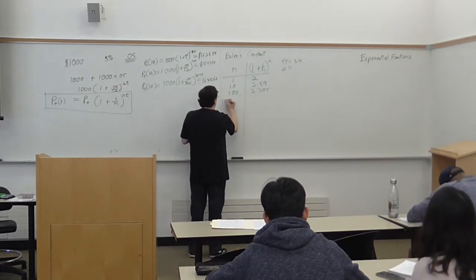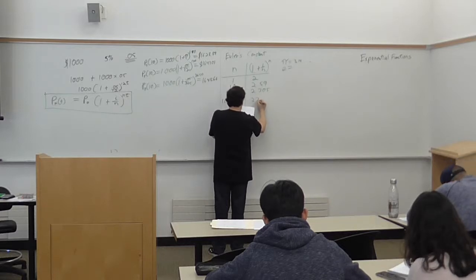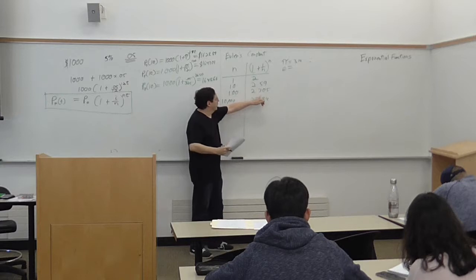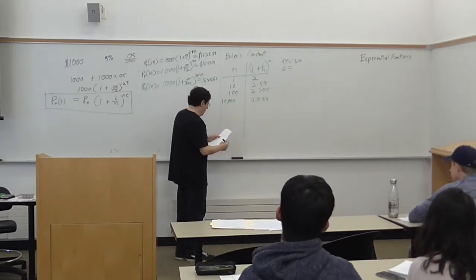And let's just jump to 10,000. And we have 2.7184. You can kind of see it's starting to settle down now, right? It was 2.70, now it's almost 2.72.